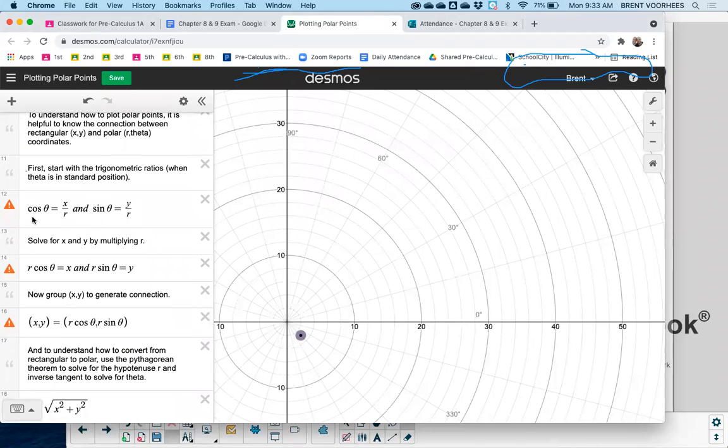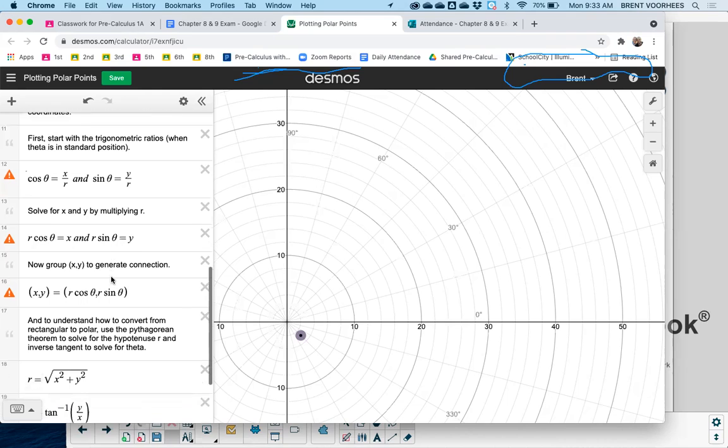And I just walked through the math that you start with cosine being x over, and instead of hypotenuse, since I haven't talked through chapter 9, you haven't learned why I use an r, but it's the same thing as a hypotenuse. You start with this relationship that we learned all the way at the beginning of this semester, that cosine is x over r, sine is y over r, and you isolate the x and y by multiplying the denominators. And so we end up with this relationship. r cosine is x, r sine is y.